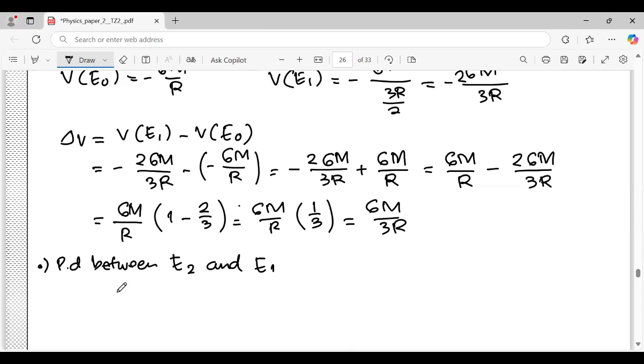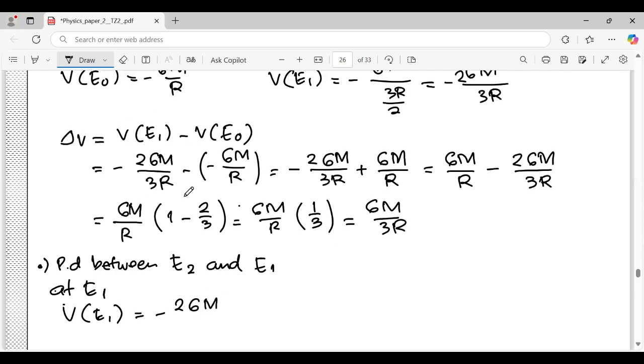The potential difference is okay if at E1, so uh, the velocity E1 is minus 2 gm. Which one is now?